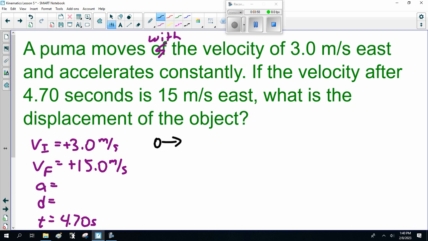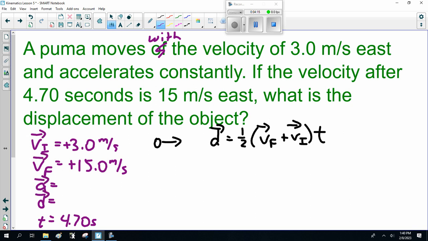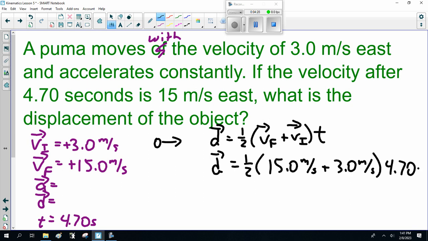So, there's the puma moving east. Displacement is 1/2 v final plus v initial times t. Anyway, displacement is 1/2, 15.0 meters a second plus 3.0 meters a second, times 4.70 seconds. So displacement is 1/2 times 18 meters a second times 4.70 seconds.